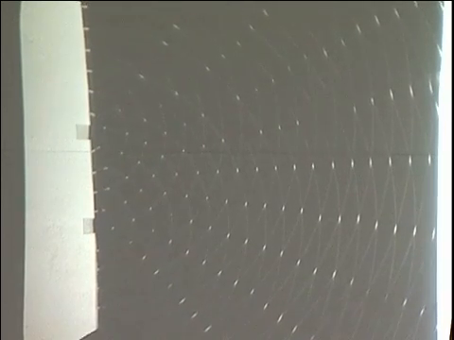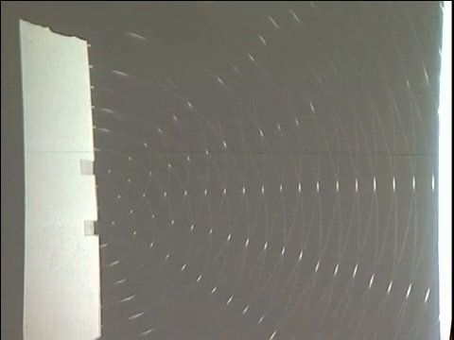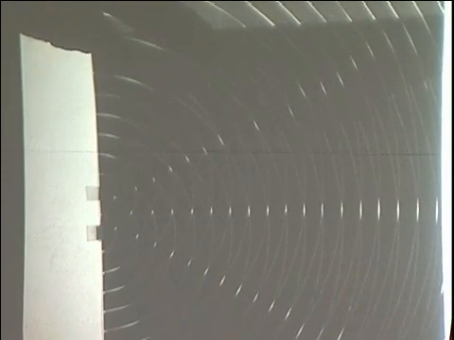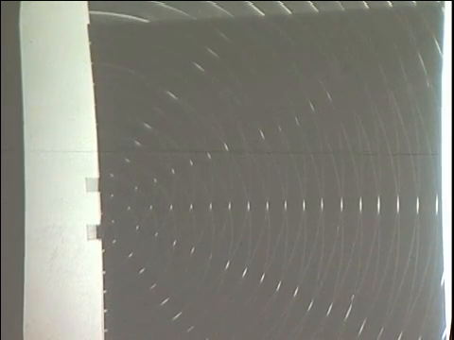Again, if they're brought closer together, the pattern spreads, and I'll have it spread to about the position that I have shown on the chalkboard.